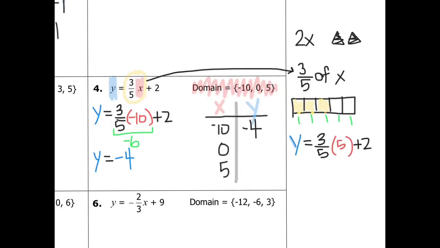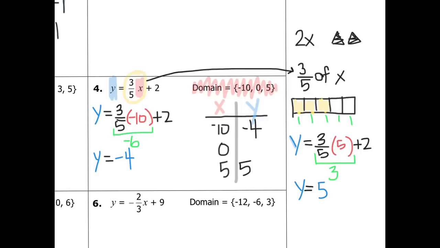And I have calculated that 3/5 of 5 is 3. Now I can just take a step back and say y is equal to 3 plus 2, which is 5. So when my x value is 5, my y value is also 5. So I'm going to go back and record that into my table.